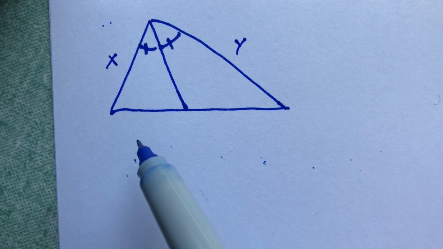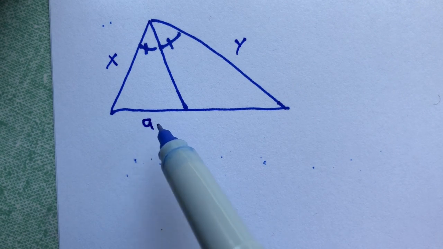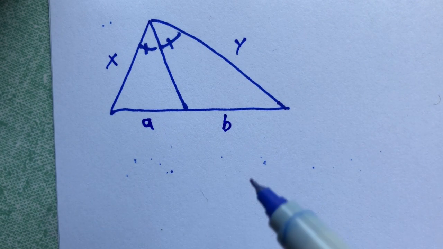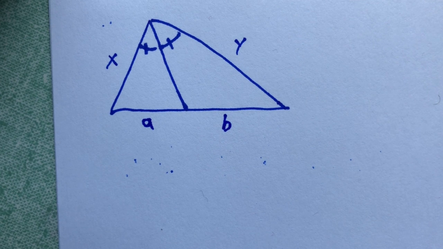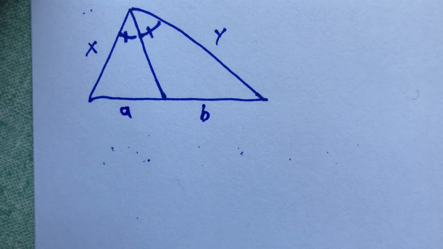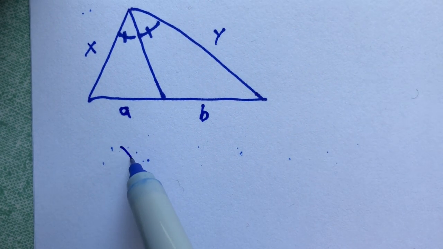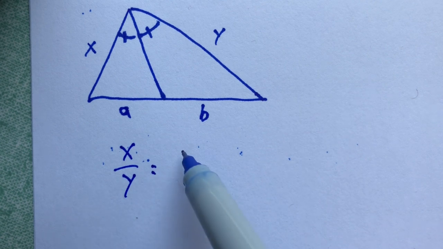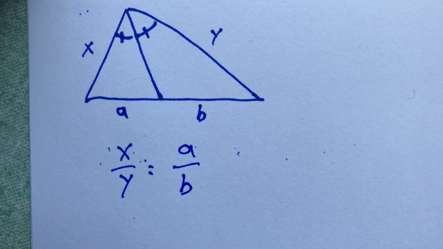Let's say this little section down here is A, and this little section down here is labeled B. It just so happens that these are in proportion such that x over y is going to be the same thing as A over B. And that lets us find missing sides.